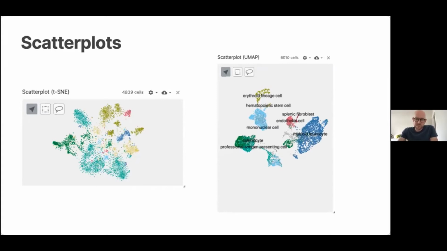UMAP is a bit simpler with regard to parameters, but still you need to choose them correctly. And then hopefully you'll get a map that contains clusters, and you'll figure out that these clusters correspond to certain cell types.